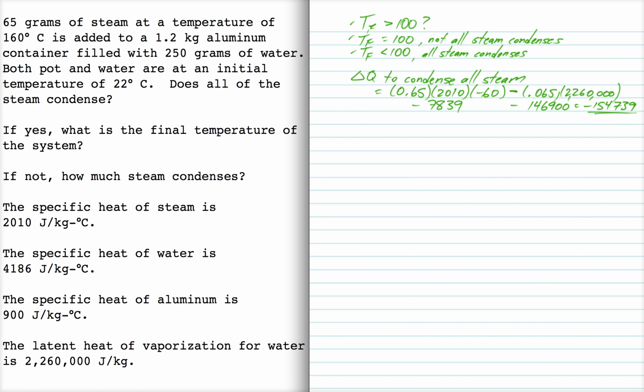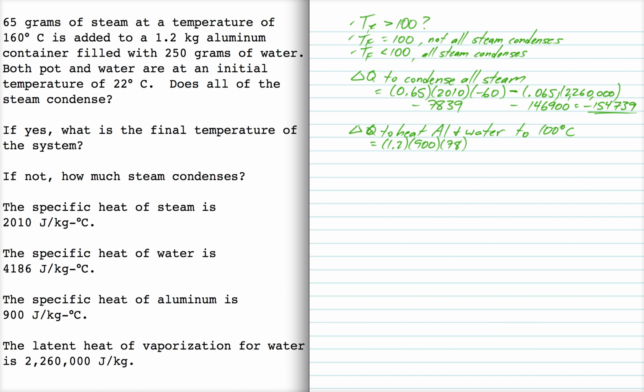Now let's see how much energy it takes to heat the aluminum and the water up to 100. Okay, so for the aluminum, it's 1.2 times 900, and now we're at TF minus 22.